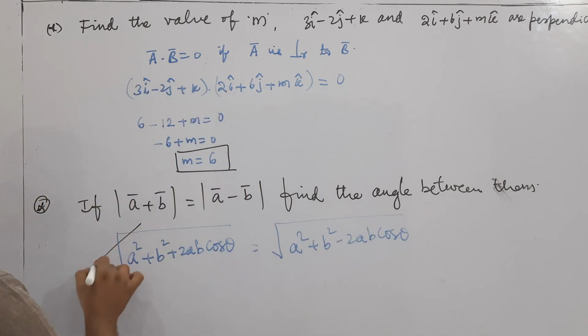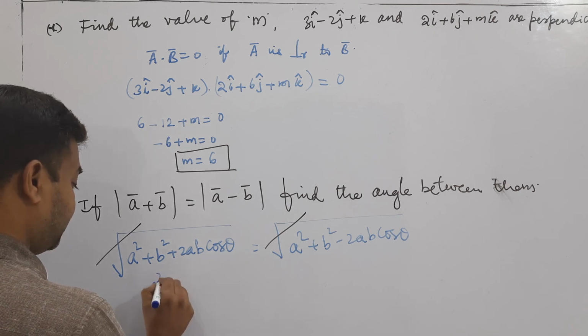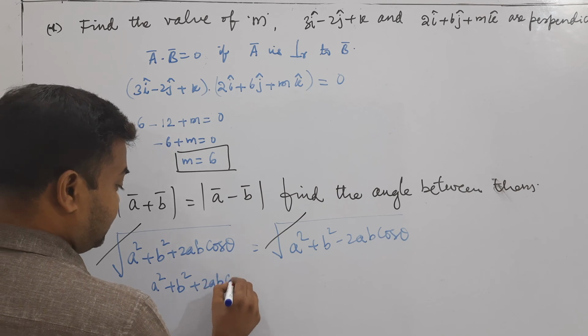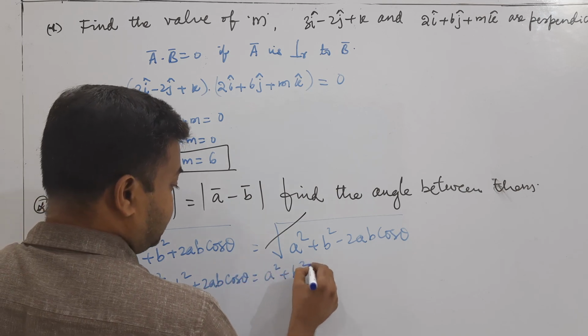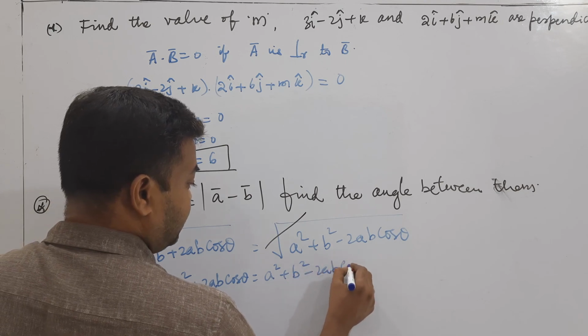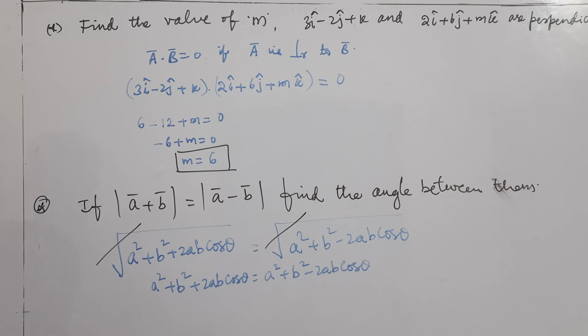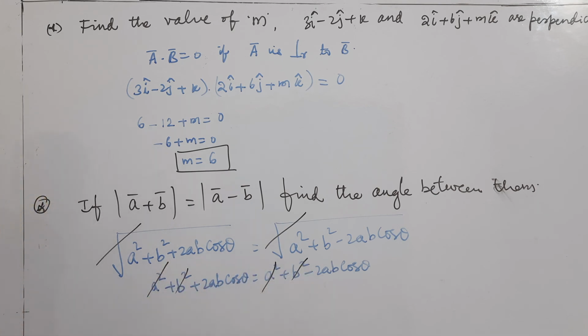Finally, we will cancel the root on both sides. Then what is the value here? Finally, what you will get? A square plus b square plus 2ab cos theta is equal to a square plus b square minus 2ab cos theta. Here a square and b square get cancelled.